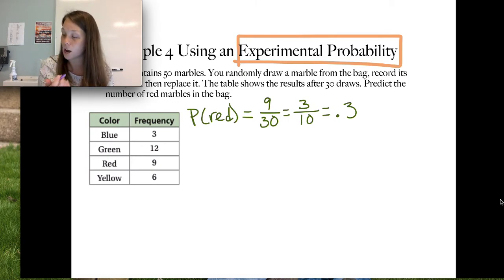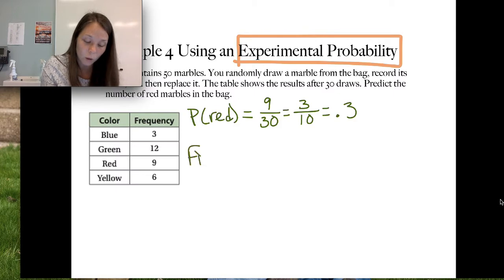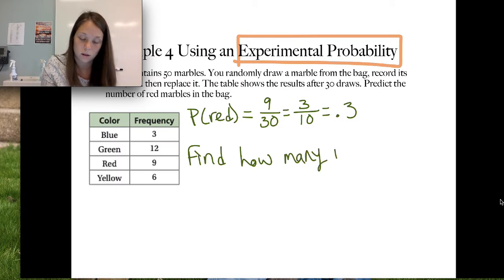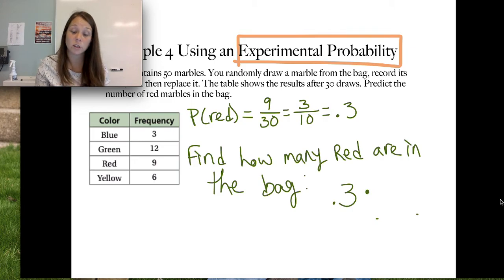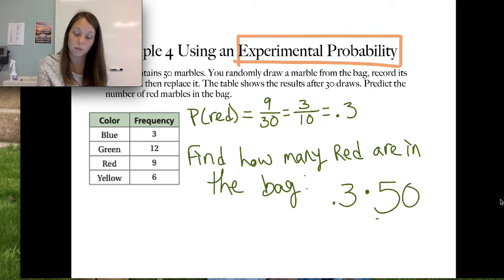What that means for us is to find how many red marbles are in the bag. We are going to take our number from the experimental probability, 0.3 or 30%, and we're going to multiply that by the total number of marbles in the bag.